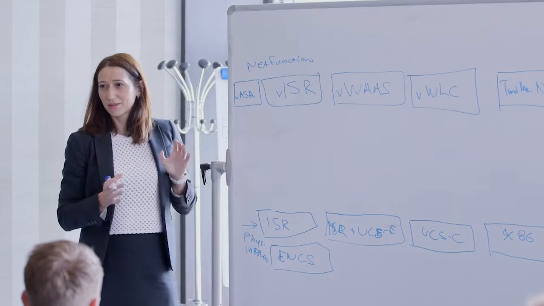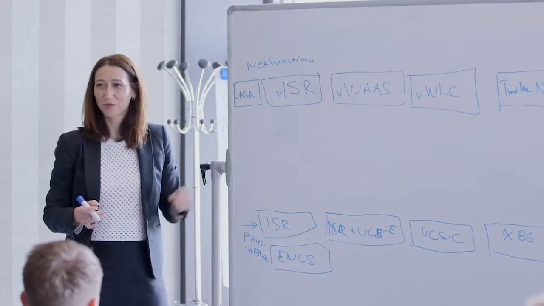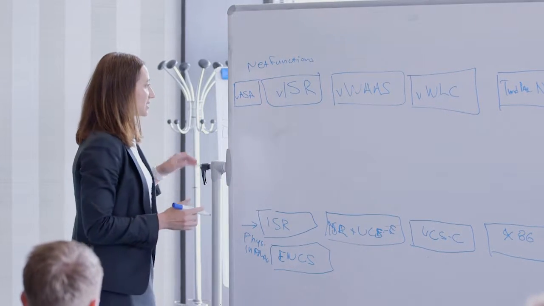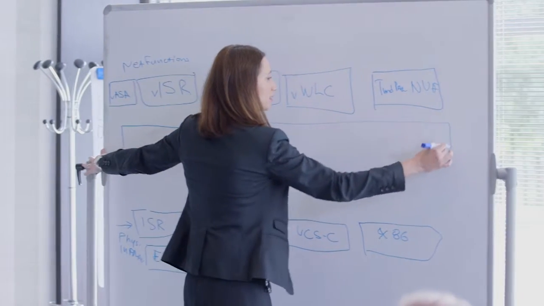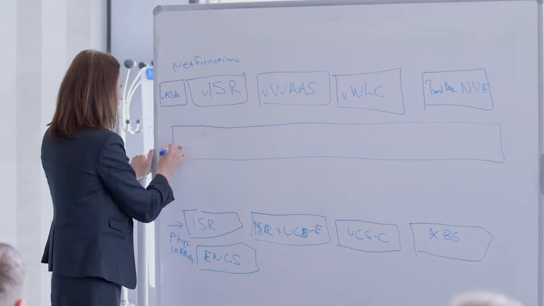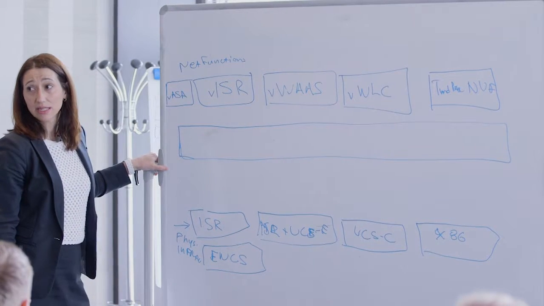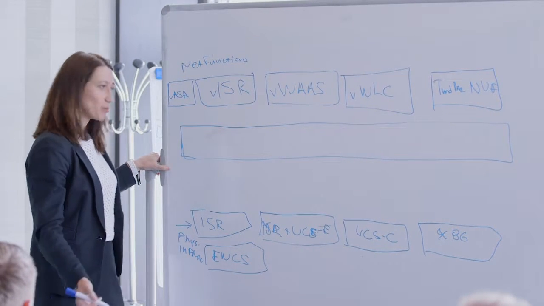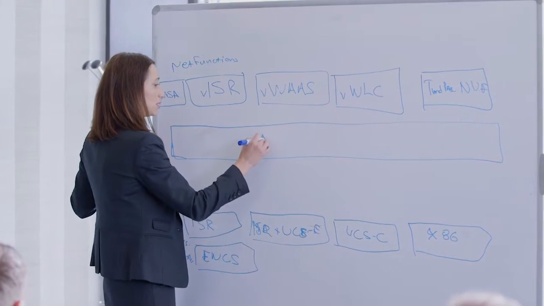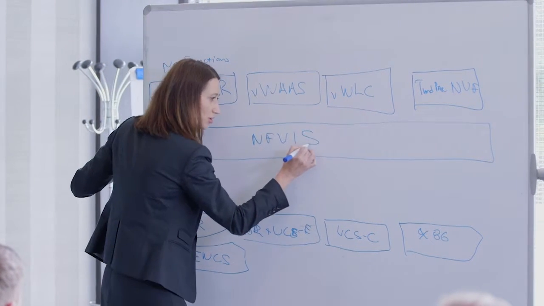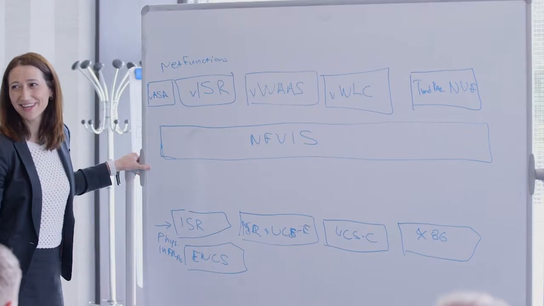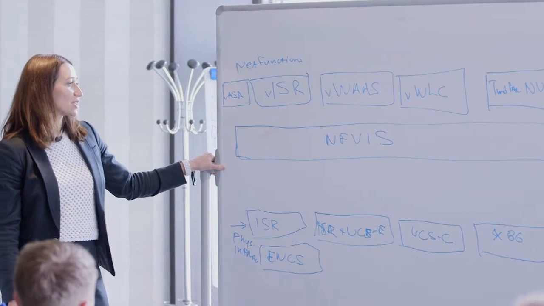What are we delivering in between to make this happen? We have a new virtual layer that is Linux-based, and is called Network Function Virtualization Infrastructure Software, NFVIS. Okay, this is how it's called.